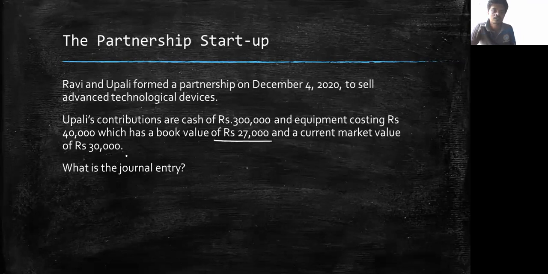Then how to record Upali's contributions? Simply, cash book debit. We know that if money comes in, it must be cash book debit, rupees 300,000.